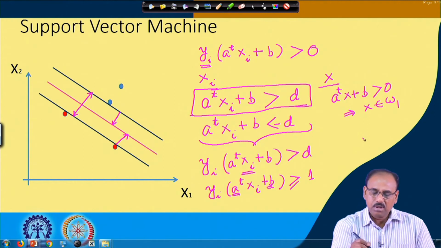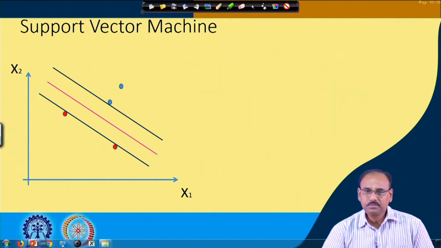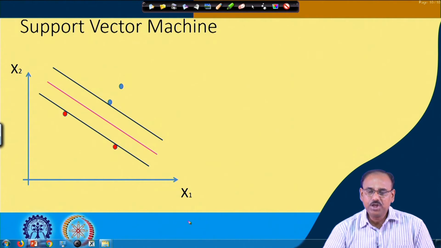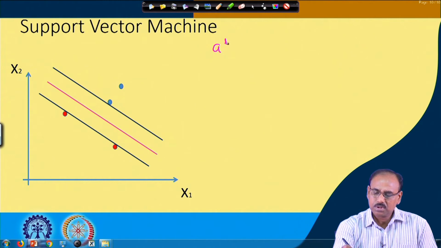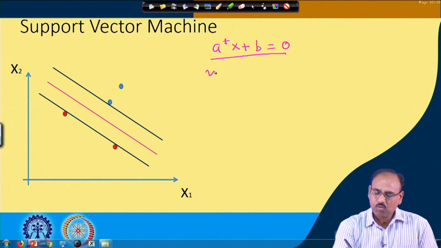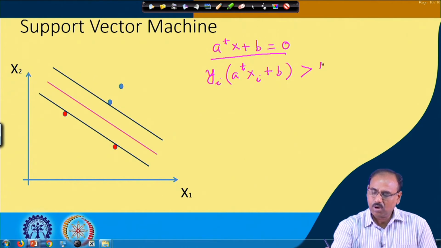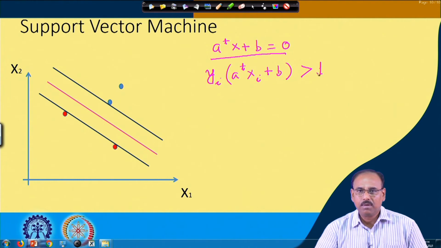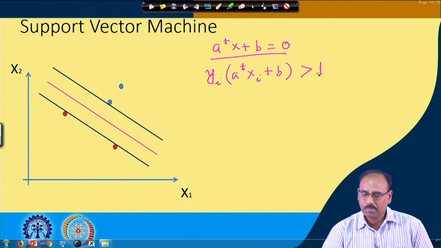So, right now our aim is that I should choose this separating plane A transpose x plus b equal to 0, which satisfies the condition that y i times A transpose x i plus b must be greater than or equal to 1, that is, after normalization.